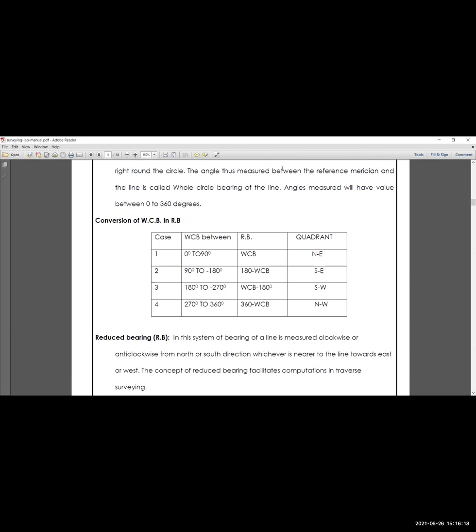See the conversion of WCB to RB. We can convert this value with the help of WCB to RB.